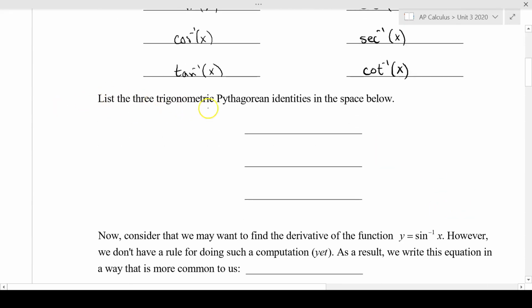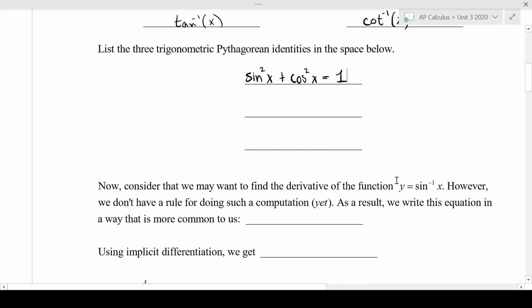List the 3 trig Pythagorean identities below. This will be the main one that you will need to know: sine squared x plus cosine squared x equals 1. To get the other identities, all you need to do is divide by sine squared and then divide by cosine squared.